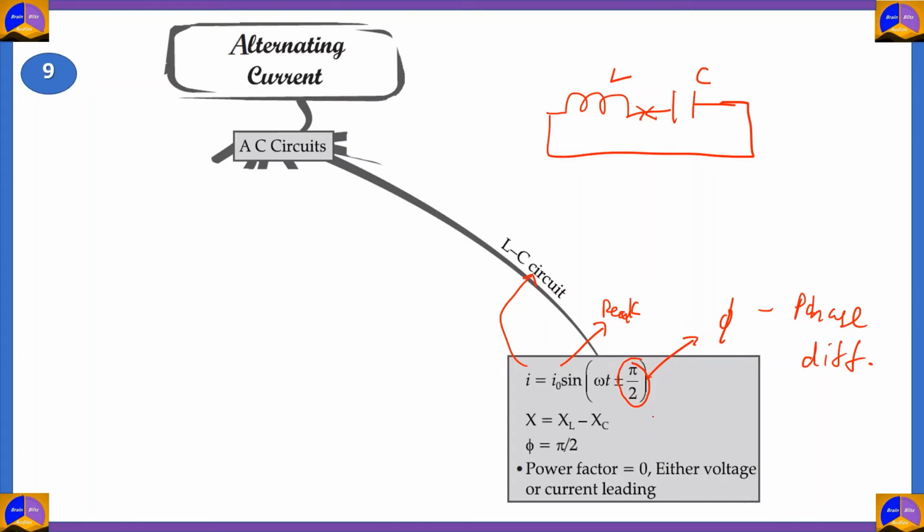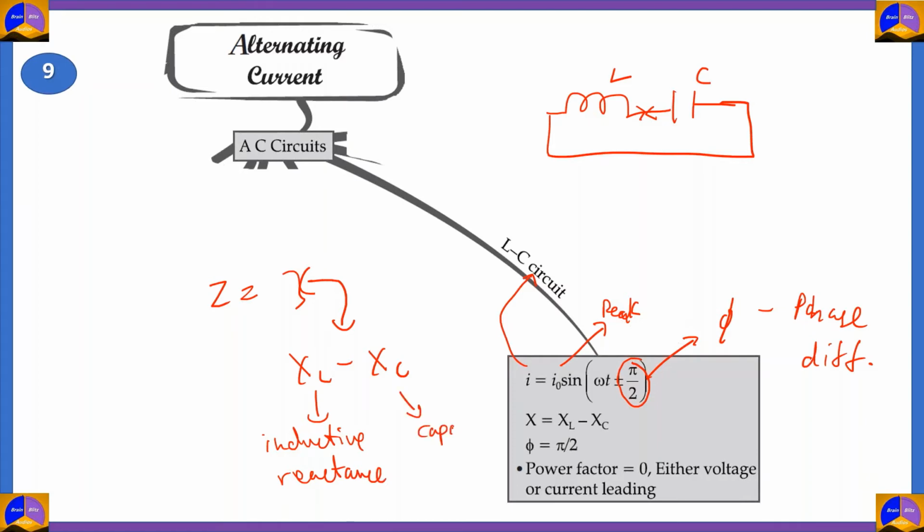So over here, the impedance Z is restricted to the quantity X, and the value of X is XL minus XC. Now Z is impedance, and X is reactance, the total reactance. So this is inductive reactance minus XC, which is capacitive reactance.